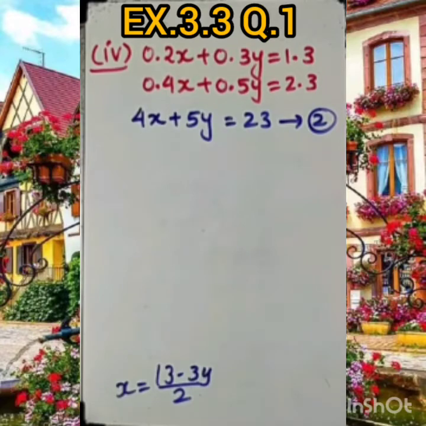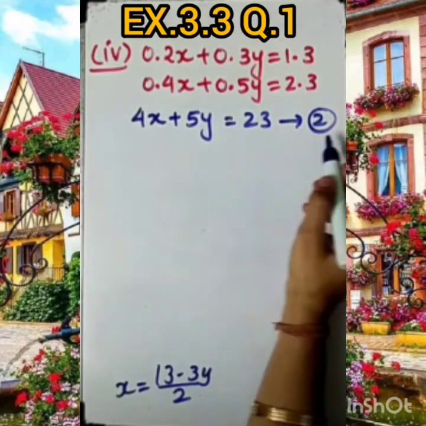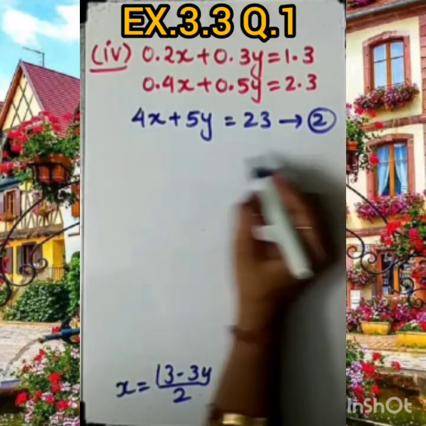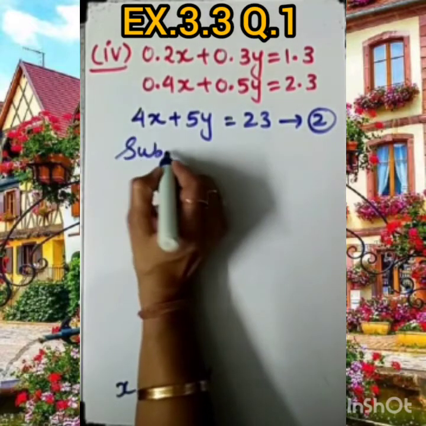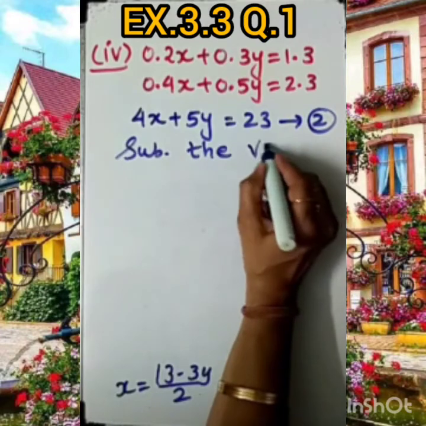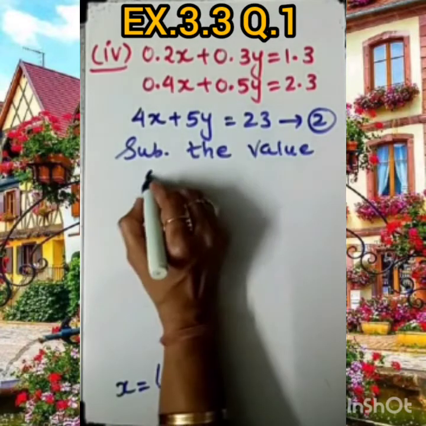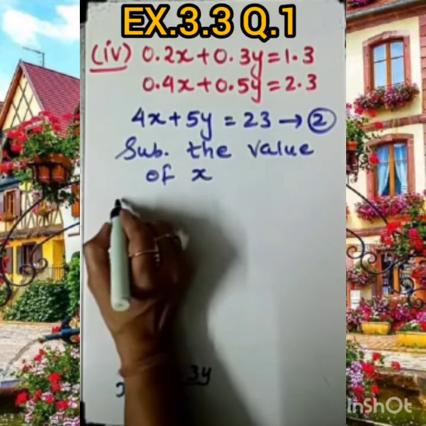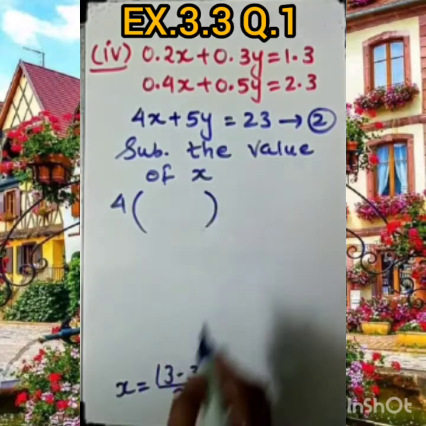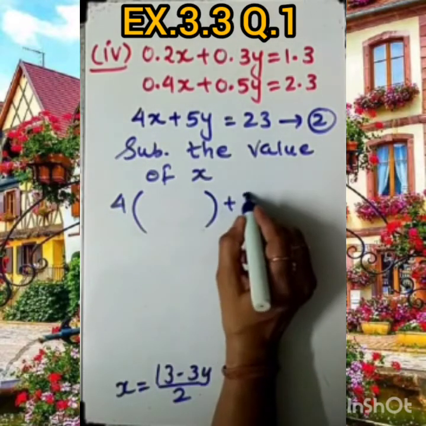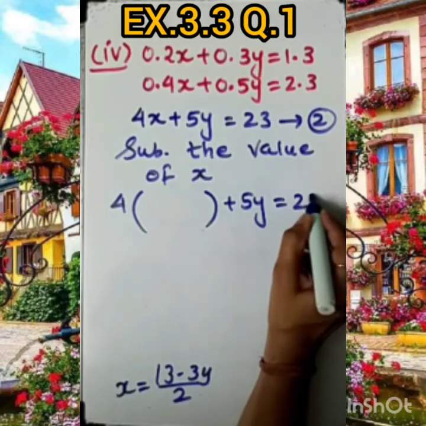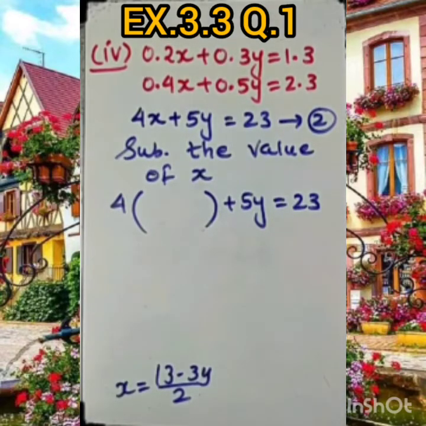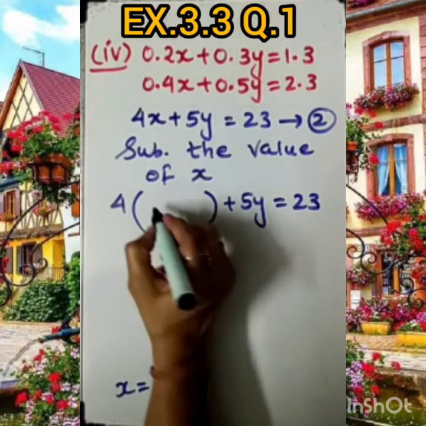So my dear student, here 4x plus 5y equal to 23. This is our second equation. In this equation, I am substituting the value of x. We know the value of x, I have mentioned it here: 13 minus 3y by 2.